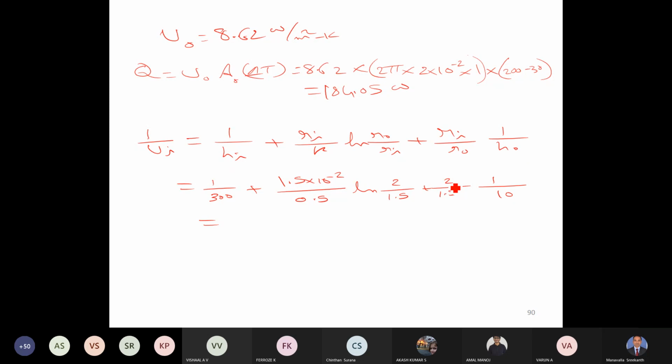Ri, the inner diameter is 0.5 and the outer diameter is 2, so the radius is... this is 0.0869. So this will give Ui as 11.5.